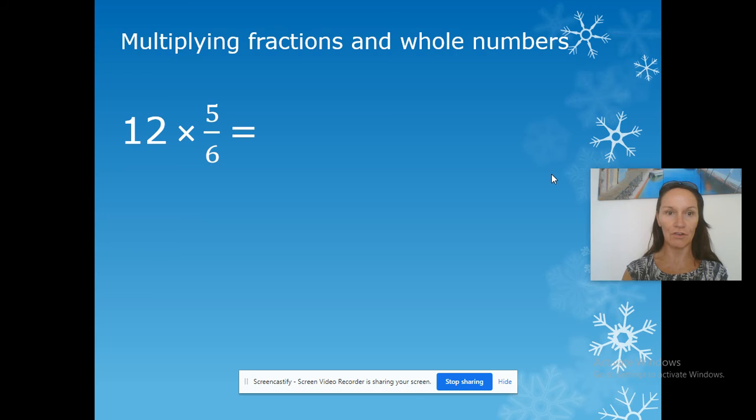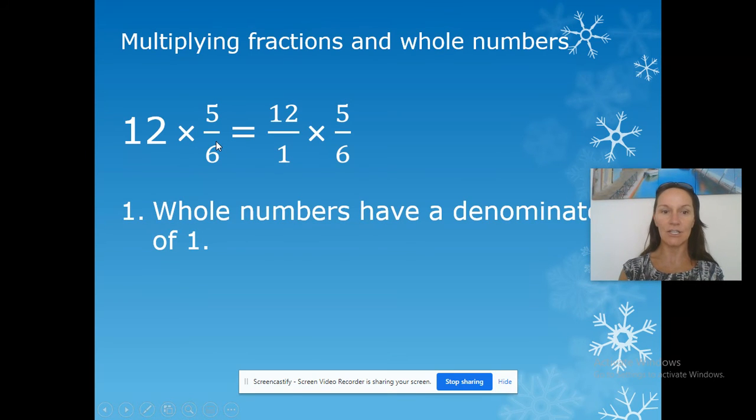So let me walk you through this one. 12 times 5/6. Well, the first thing you need to do is whole numbers have a denominator of 1, always. So there are 12 pieces of 1 there. There are 5 pieces of a whole 6 there. So just remember, all whole numbers have a denominator of 1.